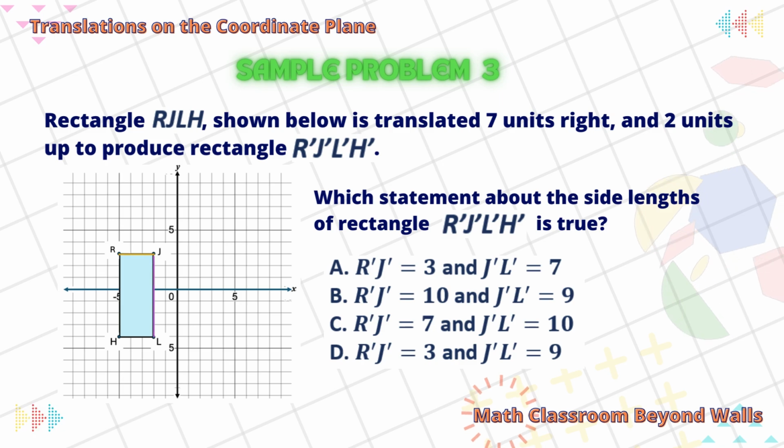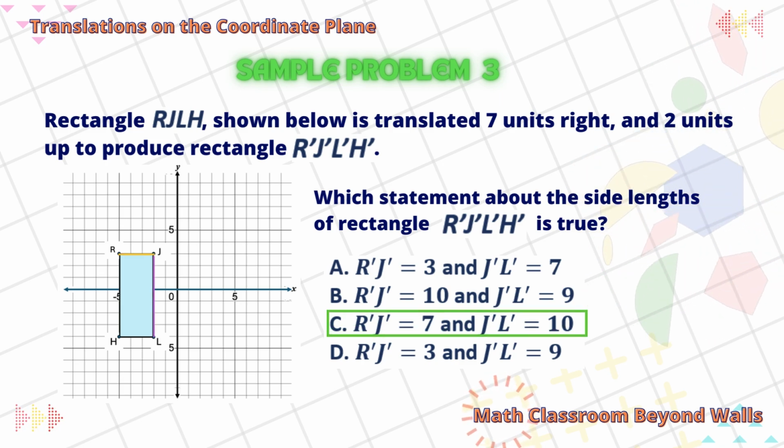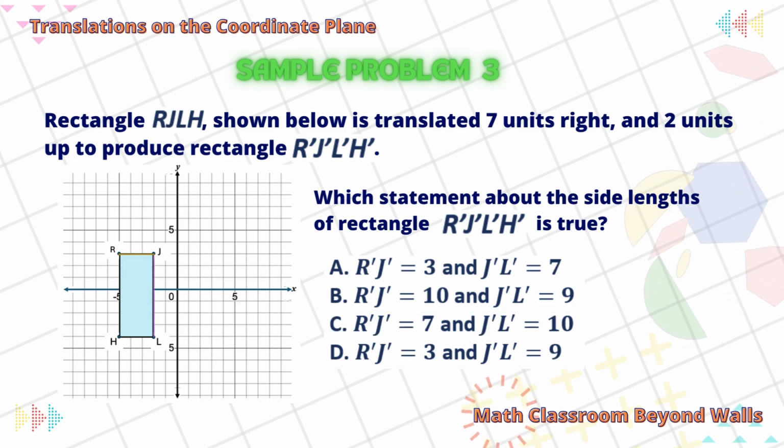Let us look at option C. The length of R prime J prime is 7, and the length of J prime L prime is 10. Is this statement about the side lengths of rectangle R prime J prime L prime H prime true? Again, no, not true.